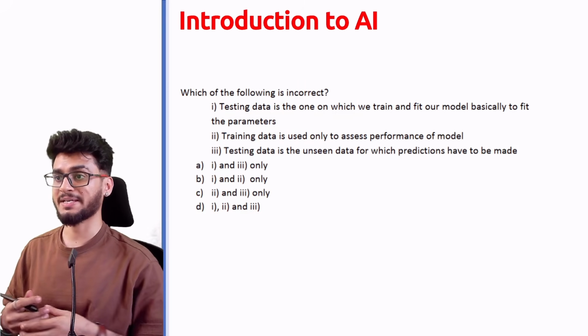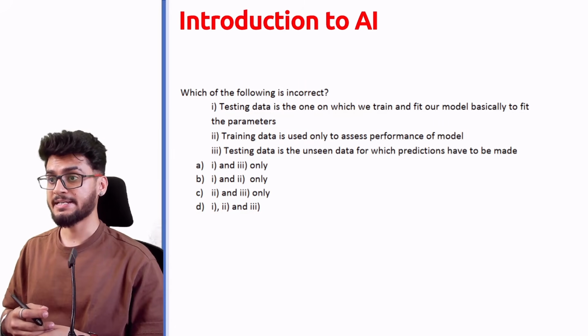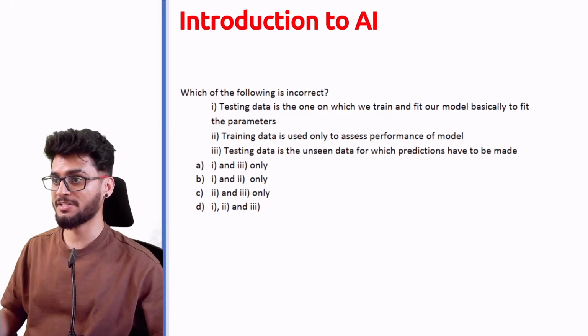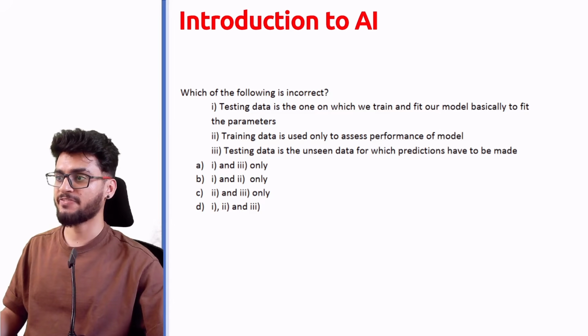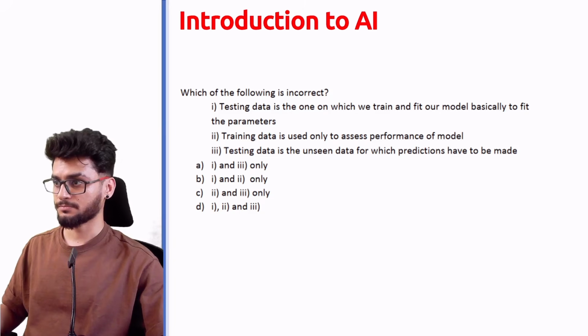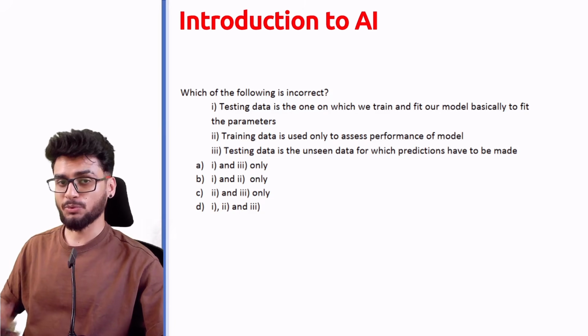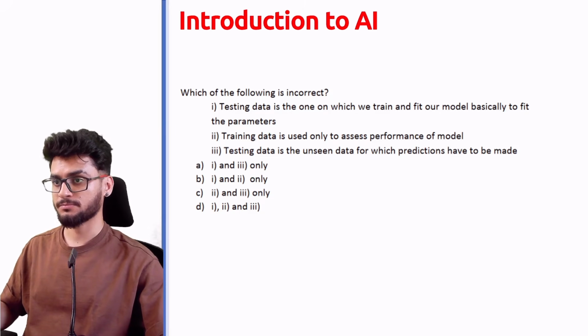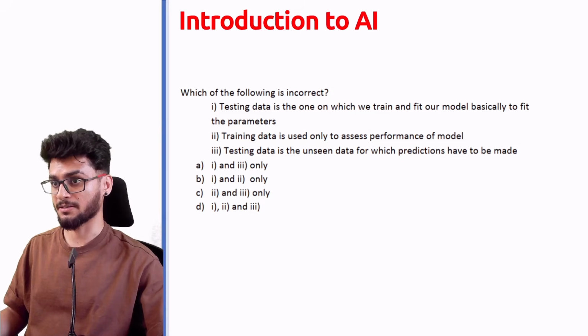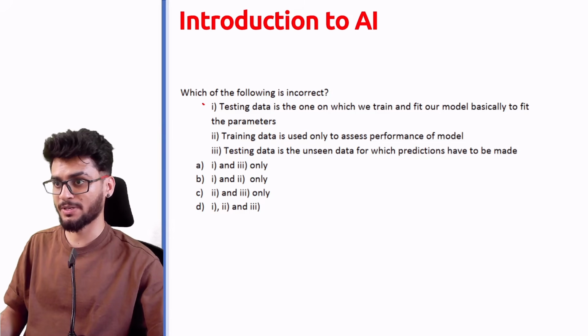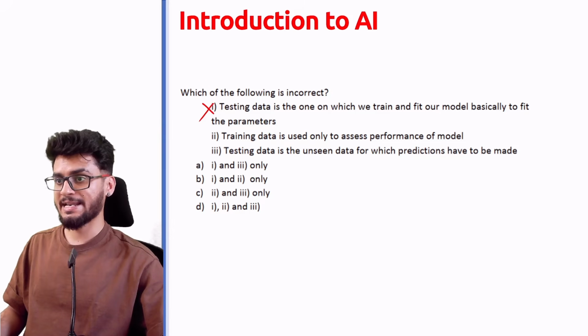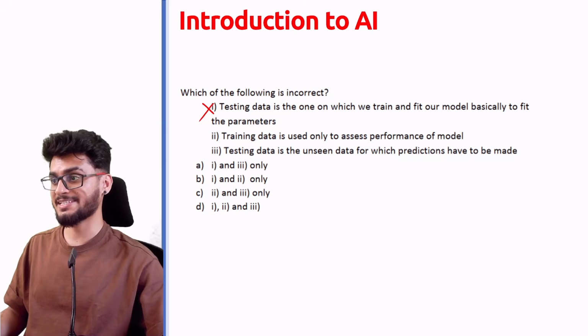Which of the following is incorrect? Testing data is the one on which we train and fit our model, basically to fit the parameters. So we need to train any AI model with the training data. So testing data is not the one. Training data is used only to assess the performance of the model.